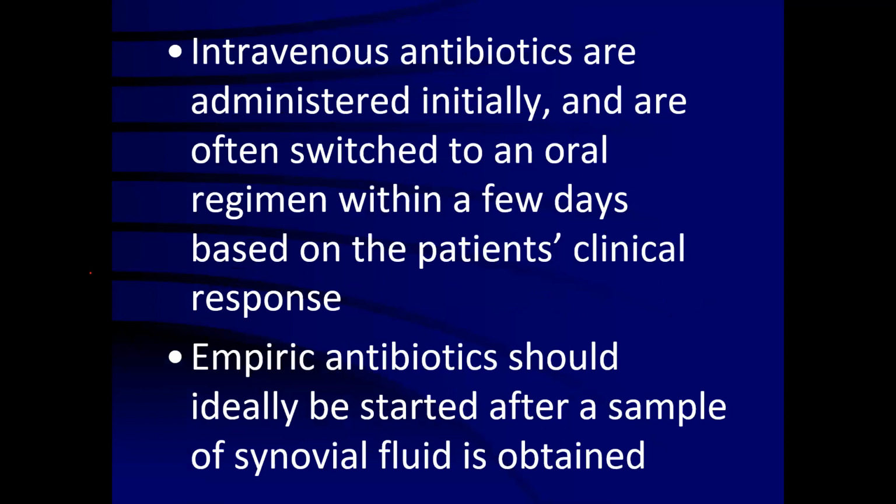Intravenous antibiotics are administered initially and are often switched to an oral regimen within a few days based on the patient's clinical response. Empiric antibiotics should ideally be started after a sample of synovial fluid is obtained.